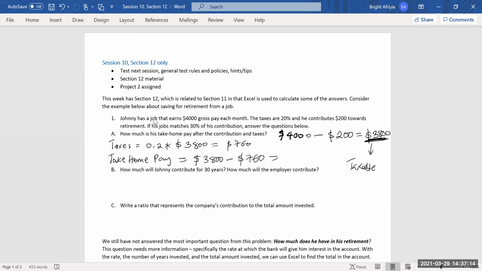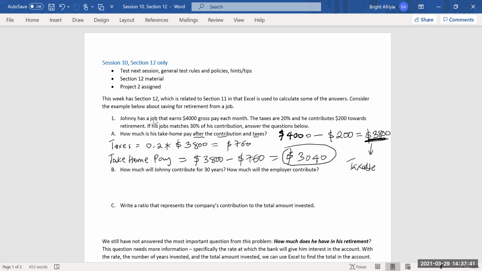So Johnny is going to take home 3,040. That is how much Johnny is going to take home. So this is Johnny's take-home pay after the contribution and taxes. Nice. So that's simplified. That solves the A part.